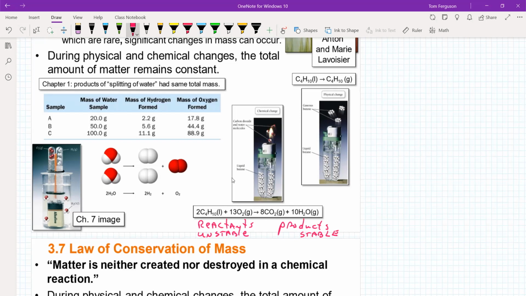If the products are more unstable than the reactants, nothing will happen. Okay, this only happens if you can make a more stable product. Now, the statement I just said is 99% correct. There are some exceptions to that, but in general, we go from unstable reactants to stable products.